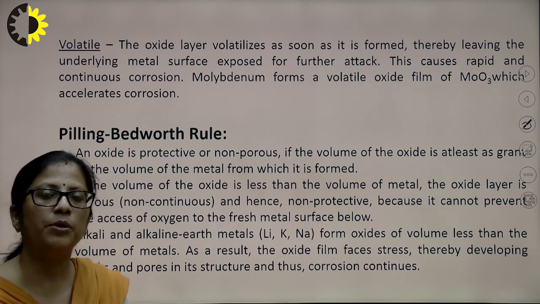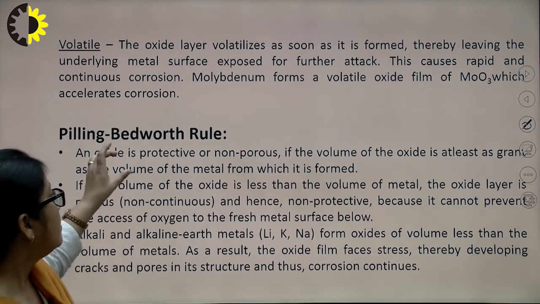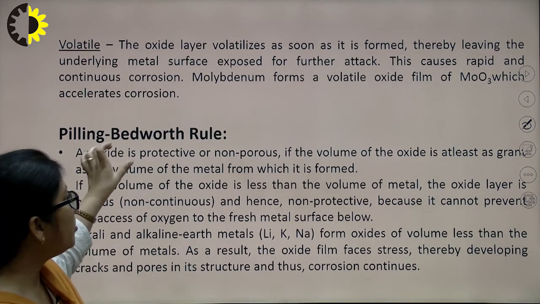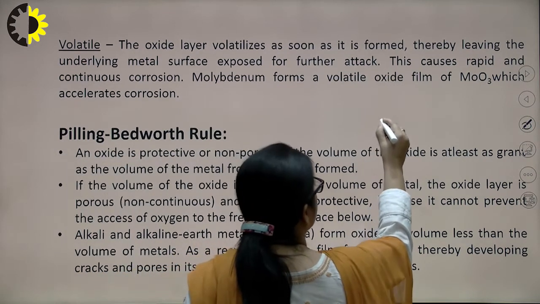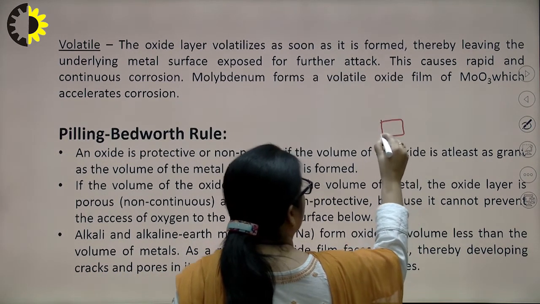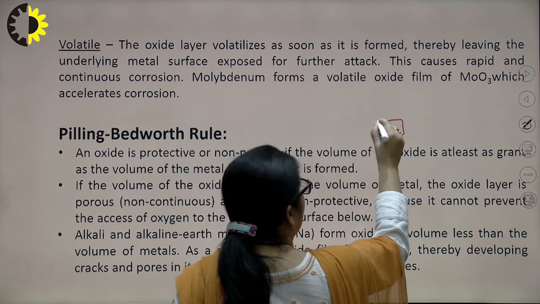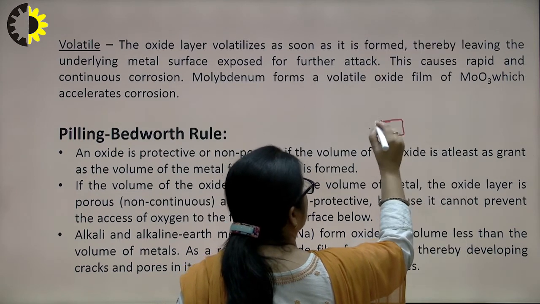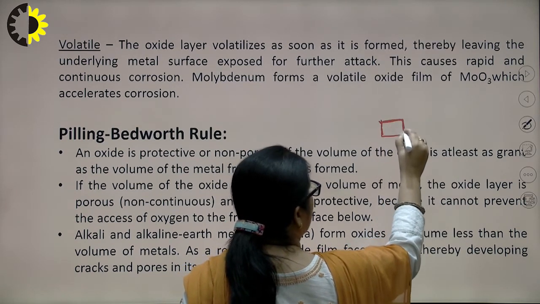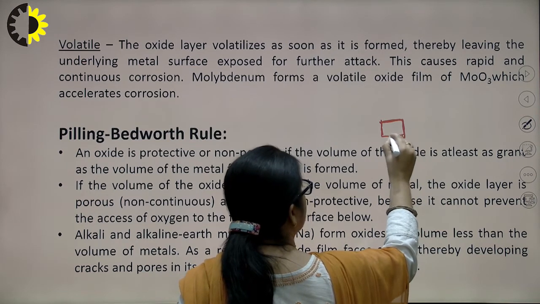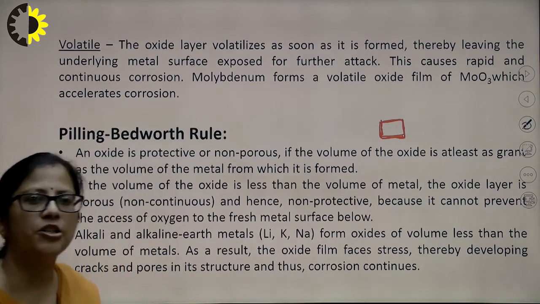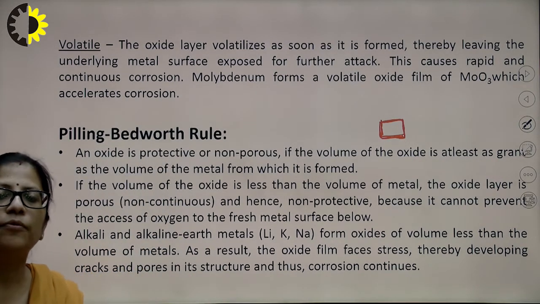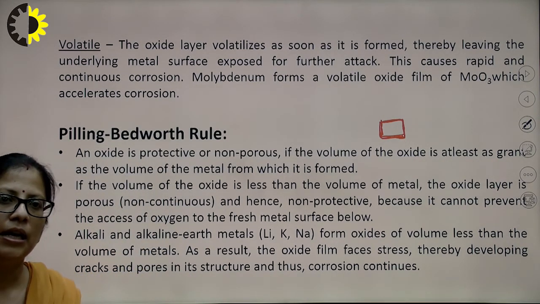So, the Pilling-Wedworth rule says that an oxide layer is going to be protective in nature only if, when this is the volume of the metal, the volume of the oxide is at least as large as the volume of the metal.